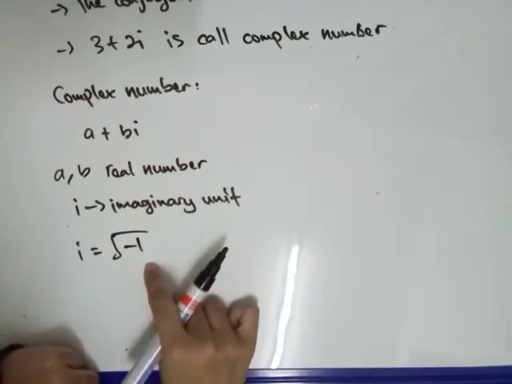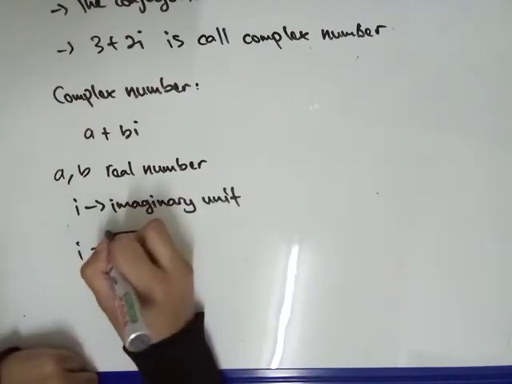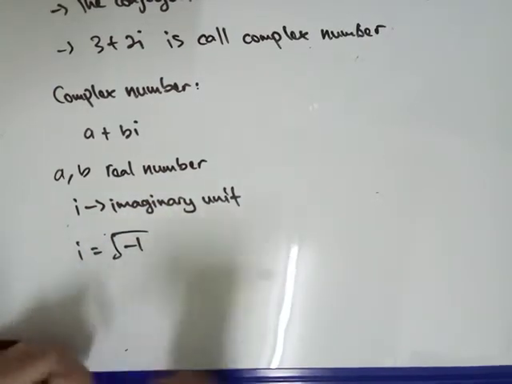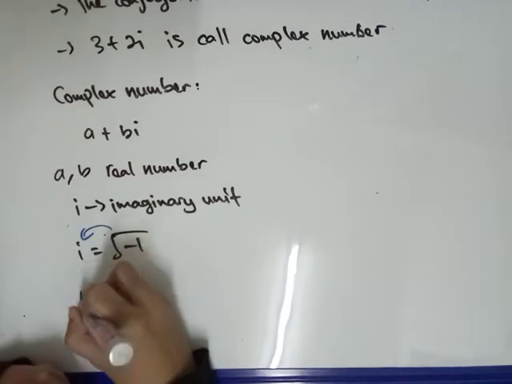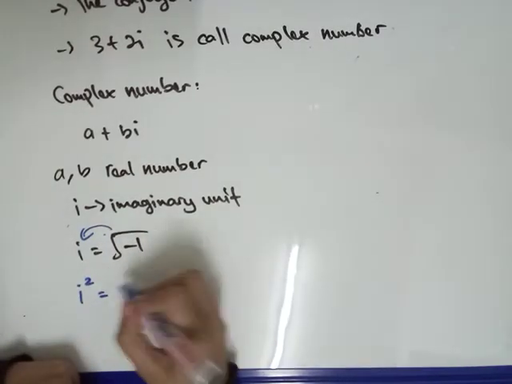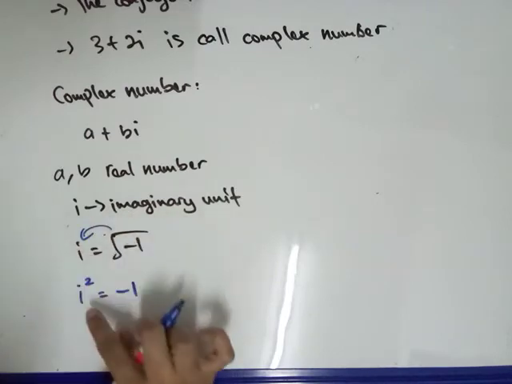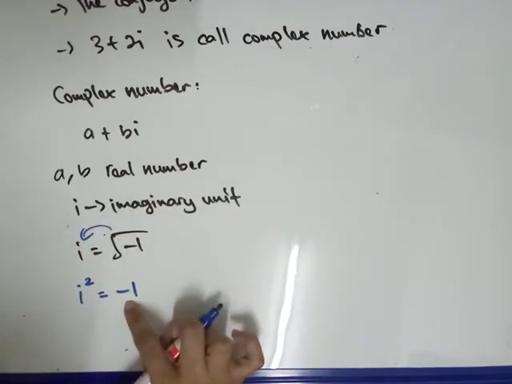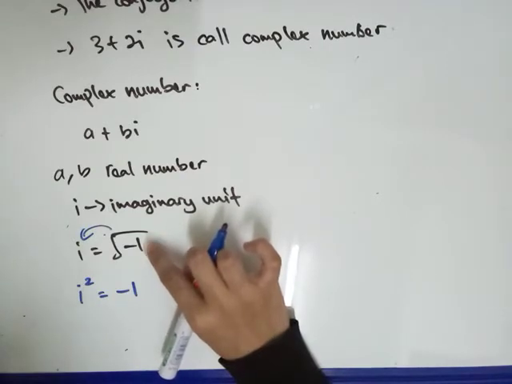When we move the square root to the left side, it will become i square equals negative 1. Pada asalnya i equals square root of negative 1.